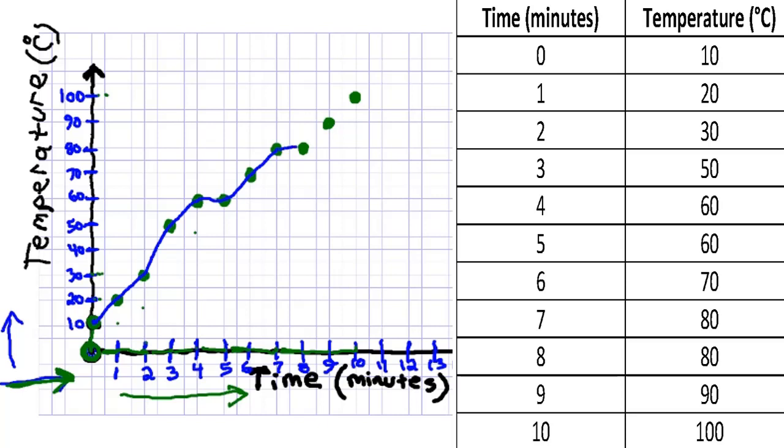If you're doing this on graph paper with just a pencil, you might want to use a ruler so you get your lines straight. But anyway, so that's our graph. That's going to be our graph of heating up water in a beaker over a Bunsen burner over a series of 10 minutes. Here's the 10 minutes down here. And that's how we're going to graph this.